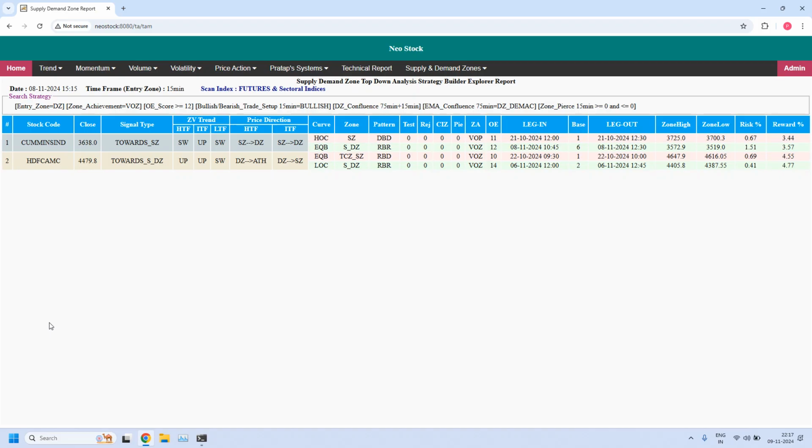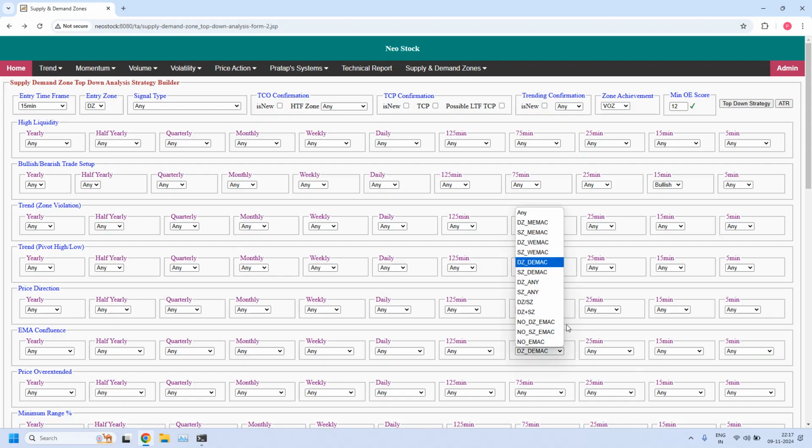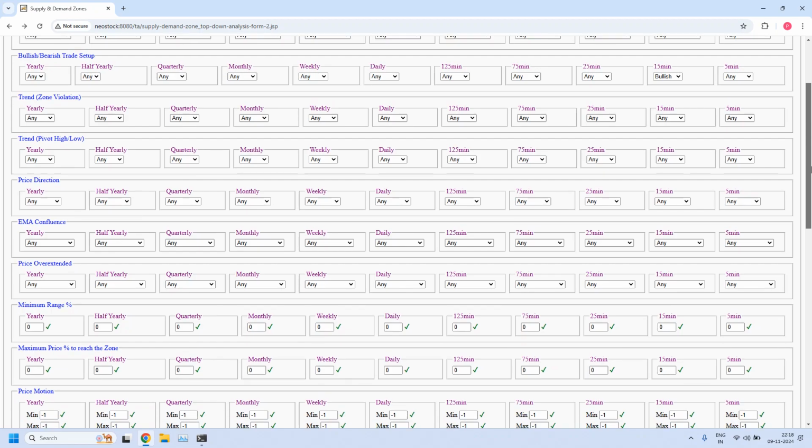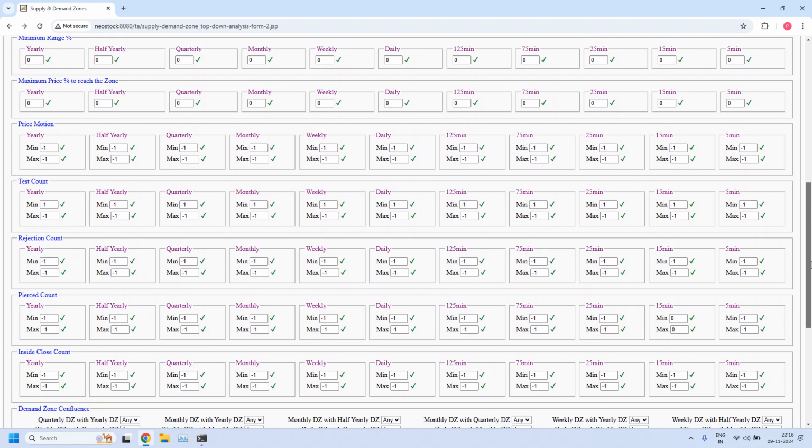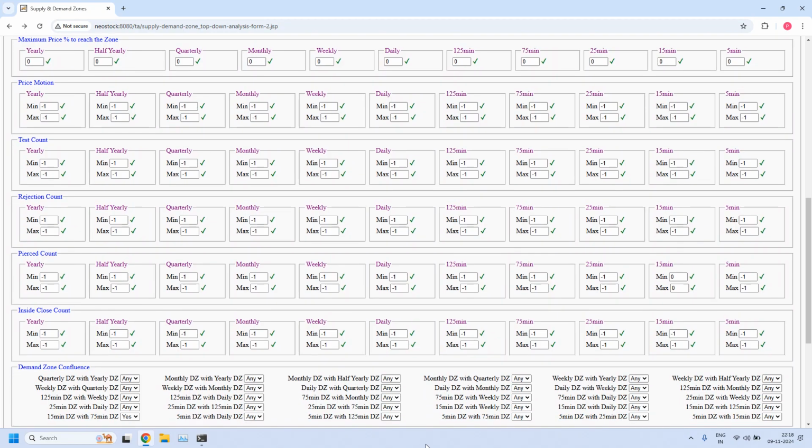Okay, next let us look for LTF, ITF, HTF demand zone confluence. I am removing the EMA filter. LTF, ITF, HTF, that is 15 minutes, 75 minutes and daily demand zone confluence. Already the first filter, 15 minutes with 75 minutes confluence, we enabled.